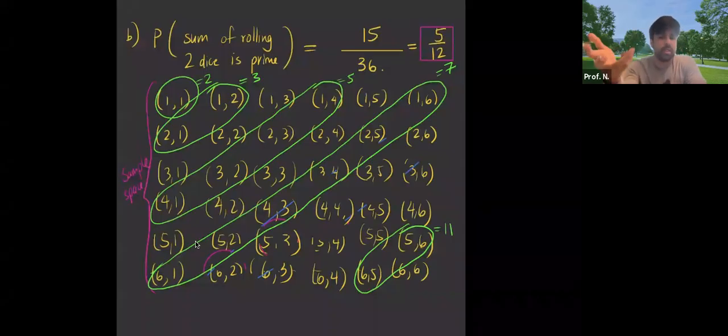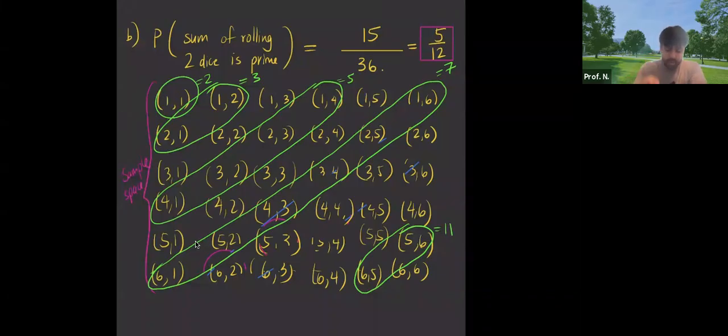Hopefully this starts to make you see that drawing things clearly and fully out, especially in this kind of problem, helps a lot, because then finding the probability is literally just counting 1, 2, like this. Of course, there's only 15 outcomes out of the 36. So it becomes almost trivial.